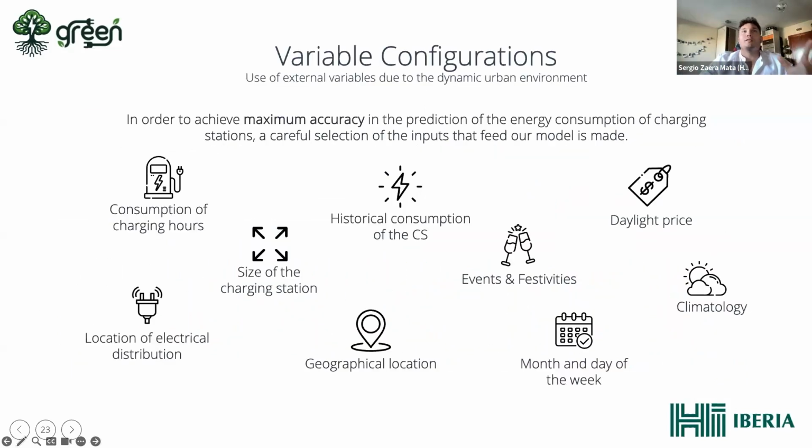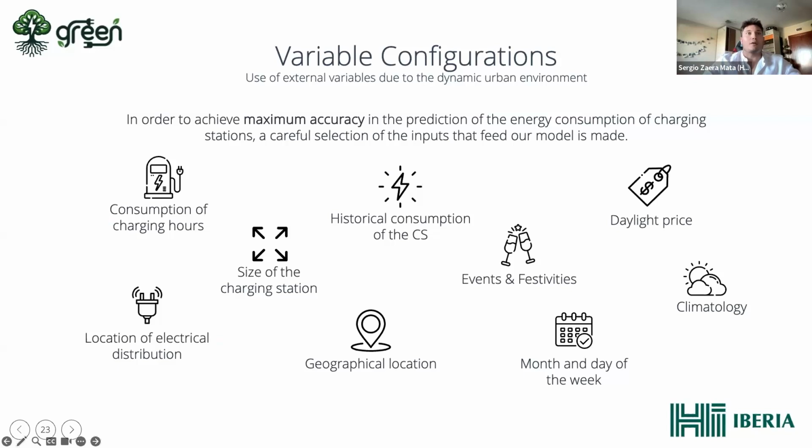So these models are not only trained with the historical energy consumption, but also with different factors and variables that we add, because the dynamic of the city is very variable. So it's difficult to get good results with only the energy information.